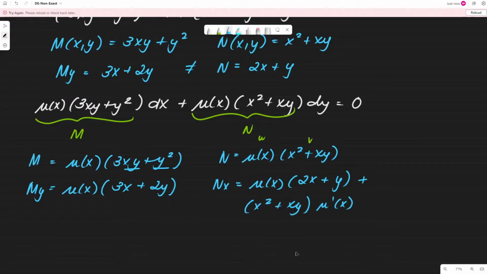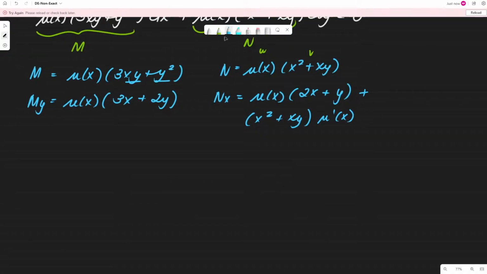This mu prime of x is equivalent to the derivative of mu of x with respect to x, d over dx basically. Later we will use this property, or equality, when we are getting the value of mu of x, because we need to multiply it back to our original non-exact equation to make it exact, so we can get the solution.